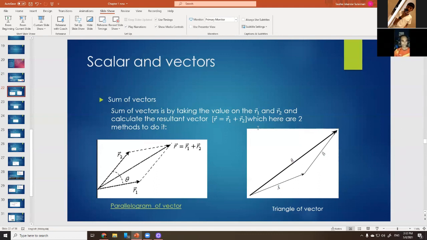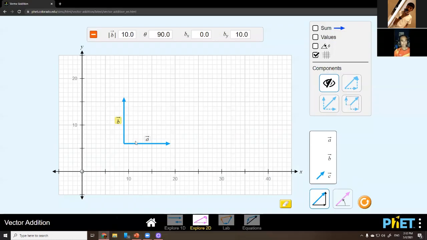So this is a simulation of the vectors. This is vector A, and let's say this is a force. It's easier to imagine as a force. So with force A over here, somebody is pulling this way, going up.